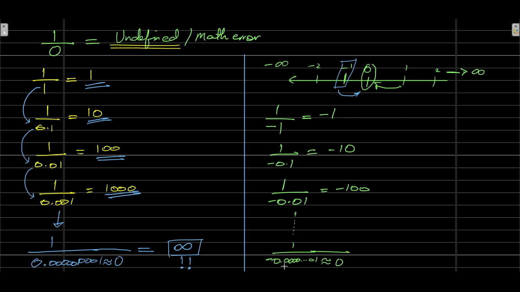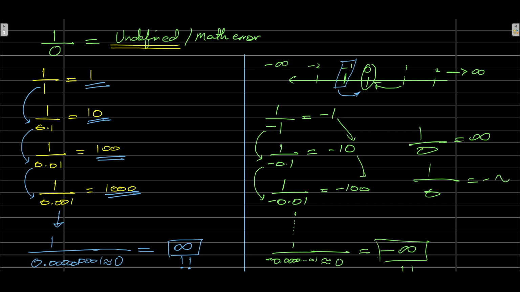There will be so many zeros that I can just say this number is 0. So definitely it will give me negative infinity. So we can see that 1 divided by 0 from the negative side is giving me negative infinity, and 1 divided by 0 from the positive side is giving me positive infinity.